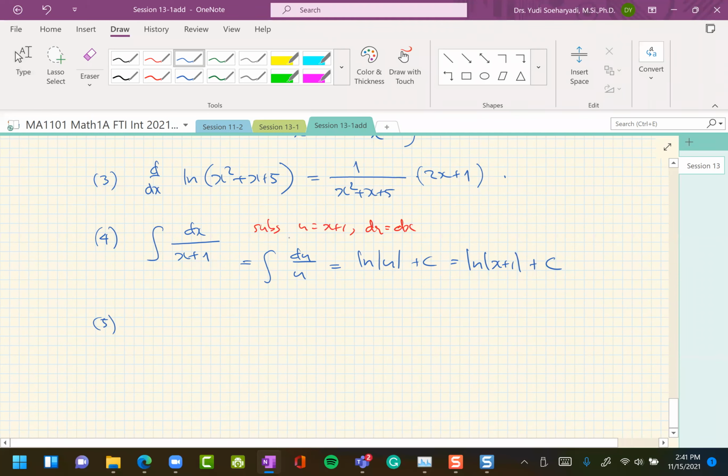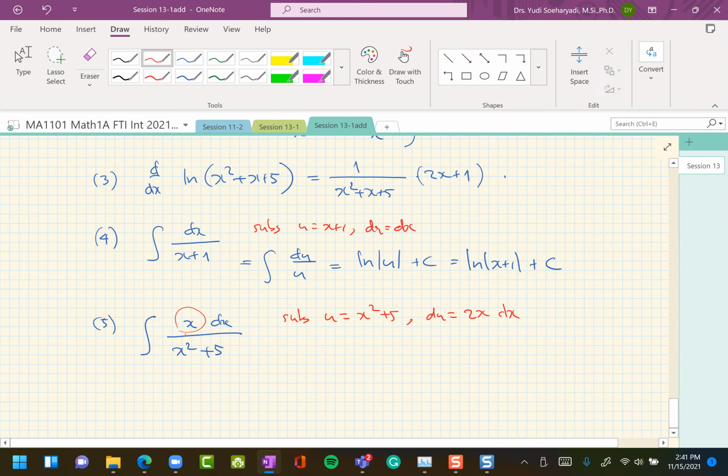And basically what you have here is x dx over x squared plus 5, for example. All right, so this is also substitutions. If you use substitutions, u equals x squared plus 5, then du would be 2x dx.